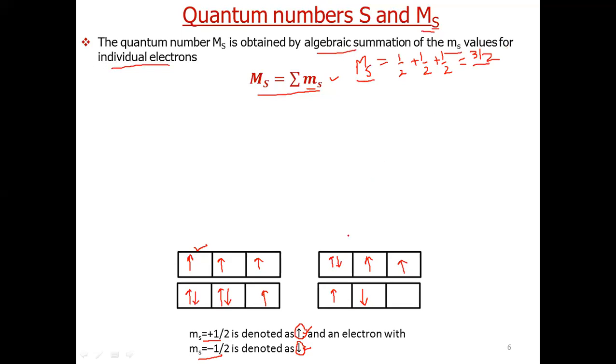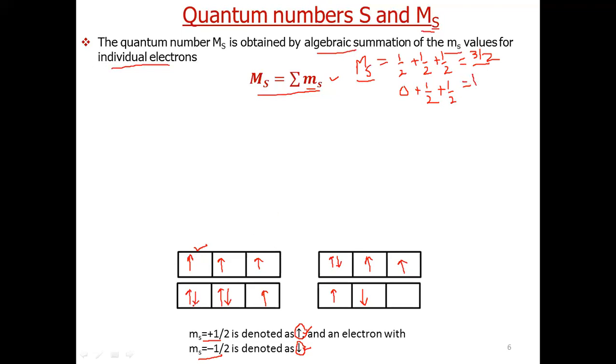Now let us calculate for this system. For this system, MS is half minus half, which is 0. For the next one, it is half plus half, which comes out to be 1.